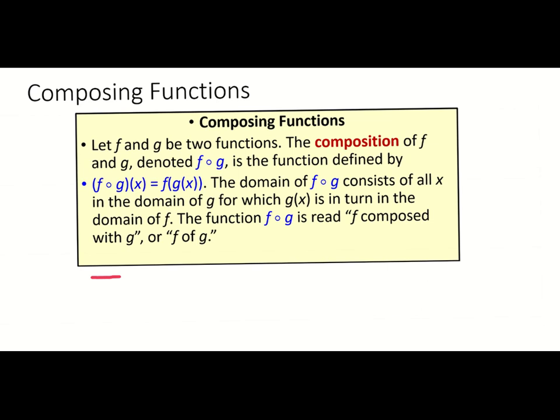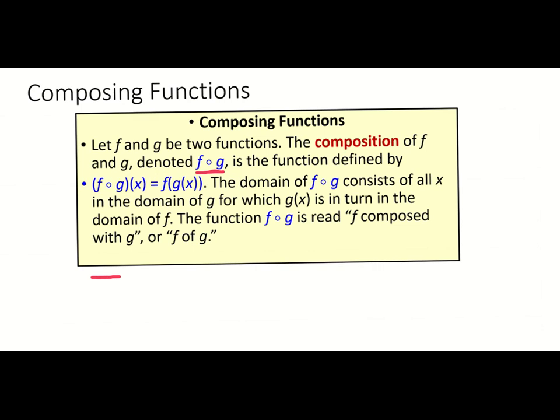Okay, the next thing we're going to look at would be composing functions, or the composition of two functions. And the symbol that they use, instead of like a plus, a minus, or multiplication or division sign, it is an open circle between the two functions. So sometimes people call it like fog or goff because it looks like an O between them. It's not. It means the composition of functions.